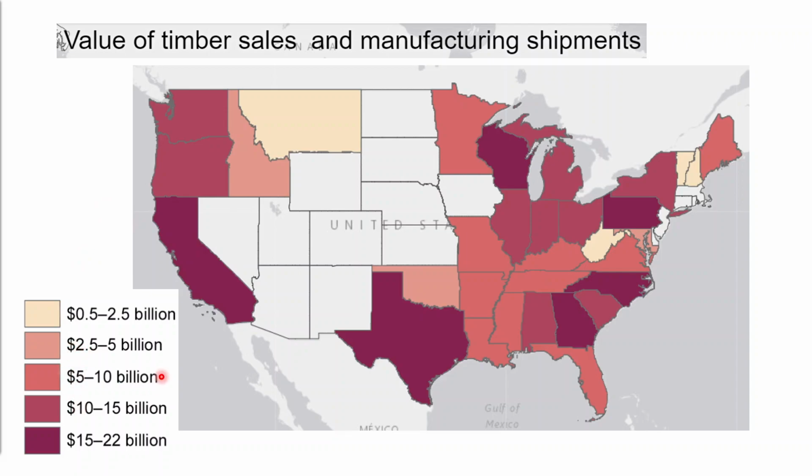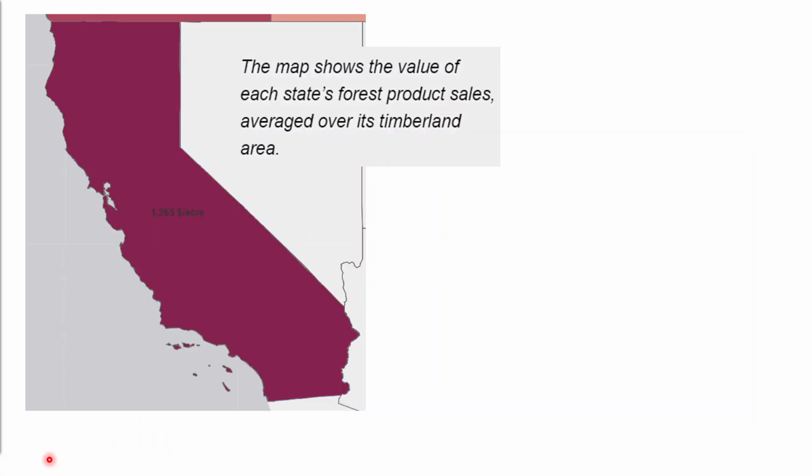This is pretty straightforward because all you have to do is look at the revenue of the industry. For example, let's take a look at California. The annual revenue from timber related products is 15 to 22 billion dollars. Now, let's say we're trying to use this to answer the question: how much is each acre of the U.S. forest worth?